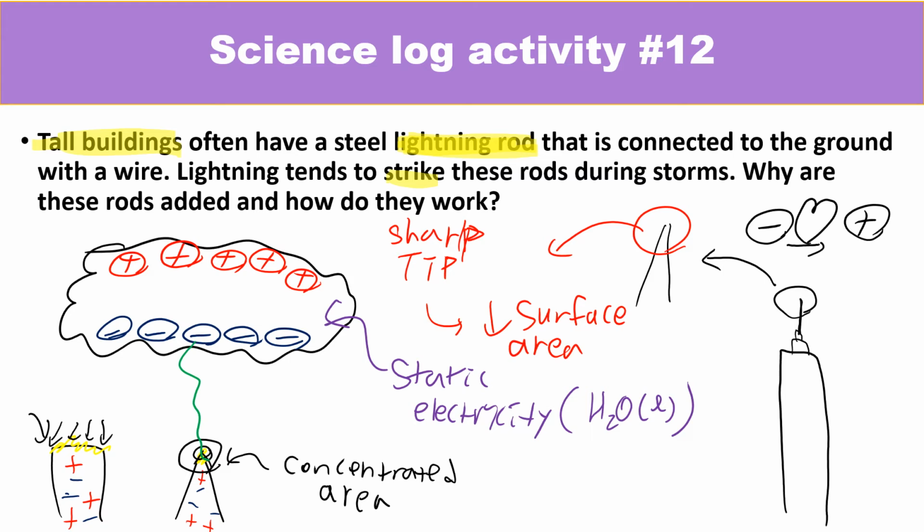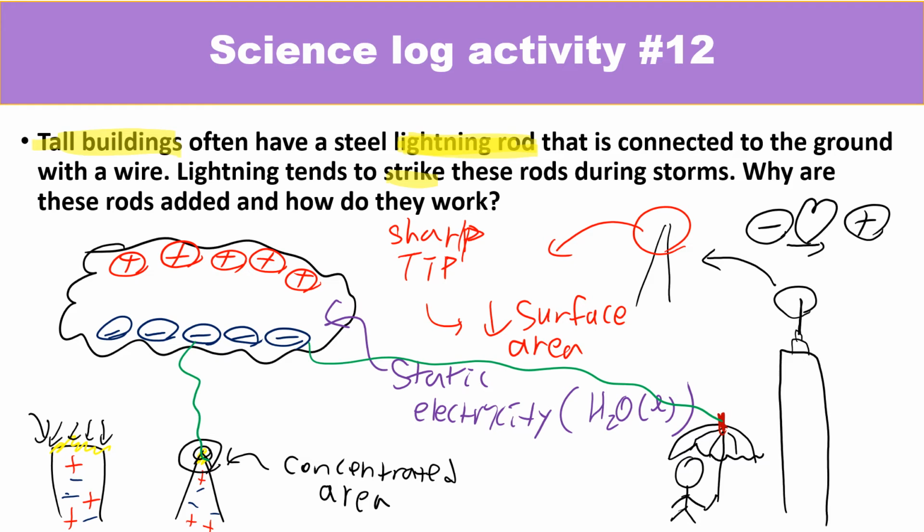Also, if I give you a little bit of a hint, I do not recommend you bring an umbrella when it comes to a storming situation, because an umbrella has a little tip that goes out too. If you're unlucky because of the small surface area, you can have lightning happening towards that rod, something like that. So why are these rods added?